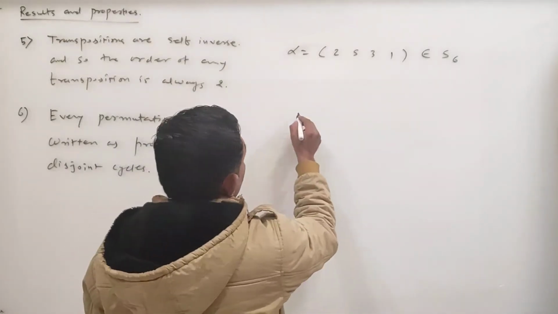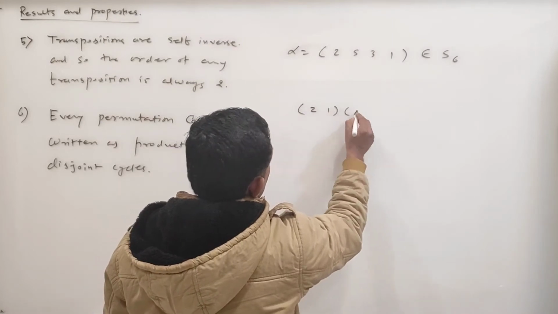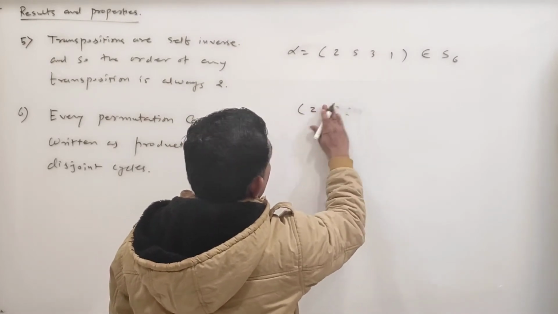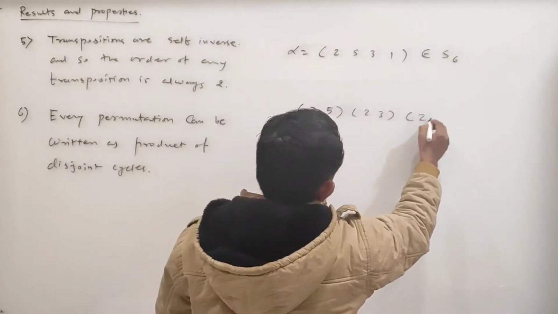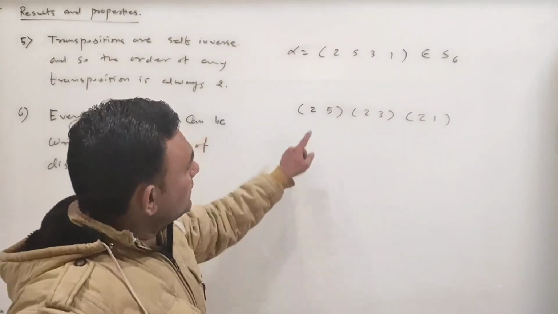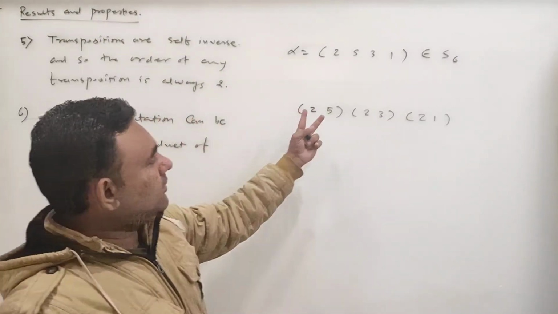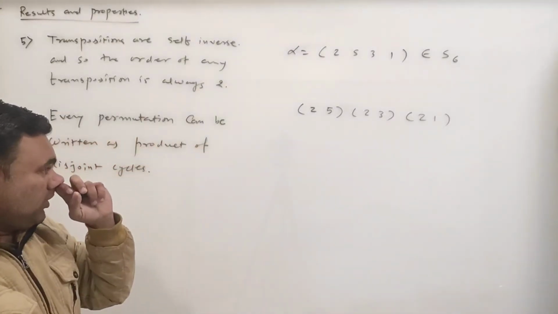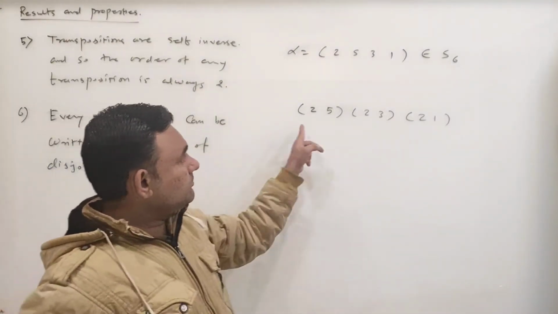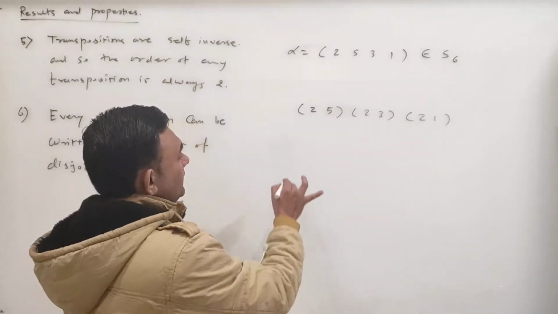Now let me consider (2 1), sorry, (2 5)(2 3)(2 1). You consider these 3 transpositions: cycle of length 2, cycle of length 2 and cycle of length 2. So now I want to find what this is, and we know how to find the product. So let us try to find out.